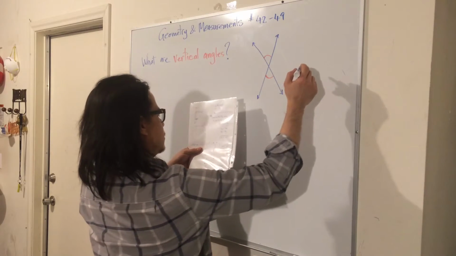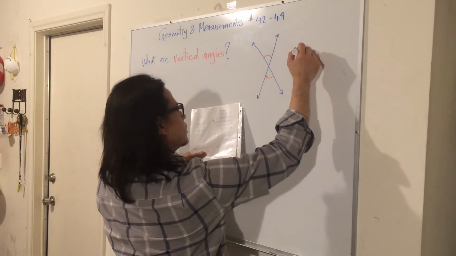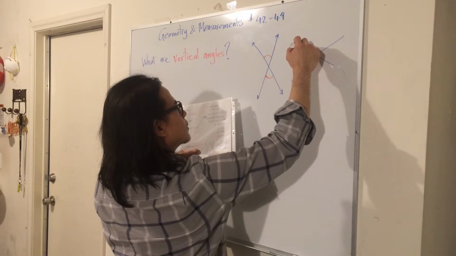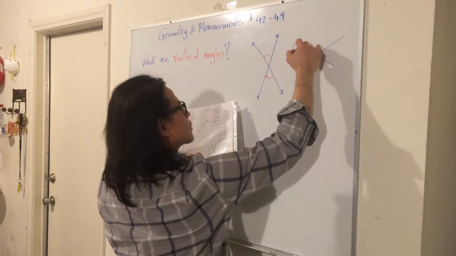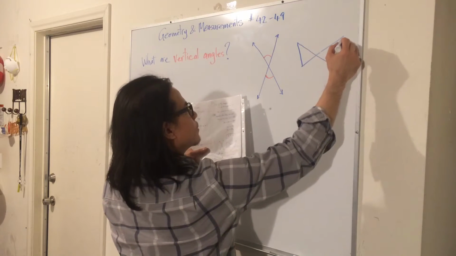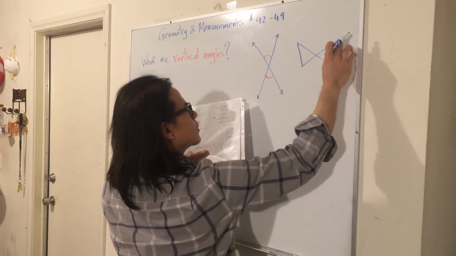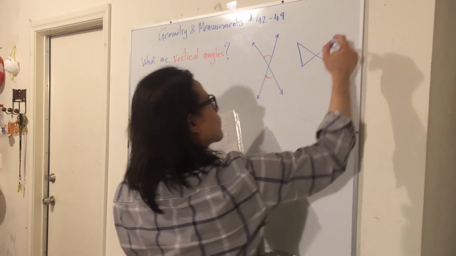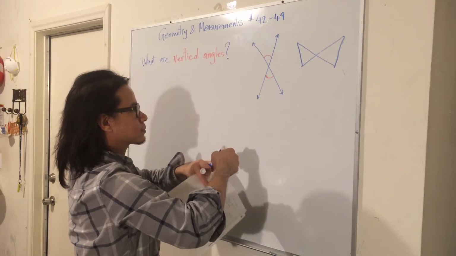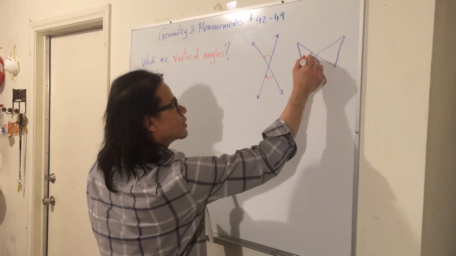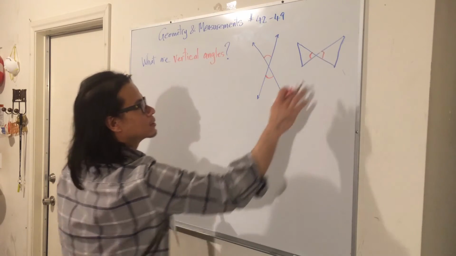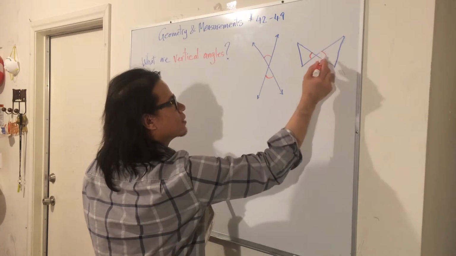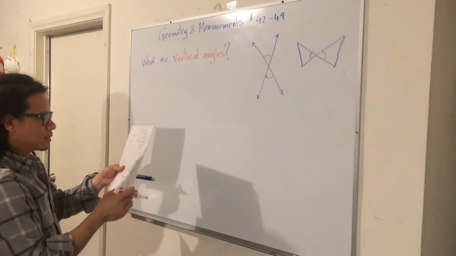And then you might have a little something like this. It almost looks like a bow tie. Even these are vertical angles here. So please draw straight lines on your paper.